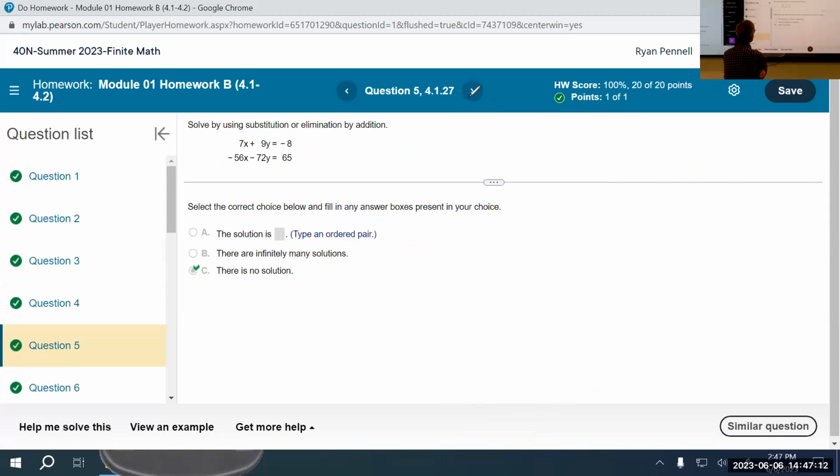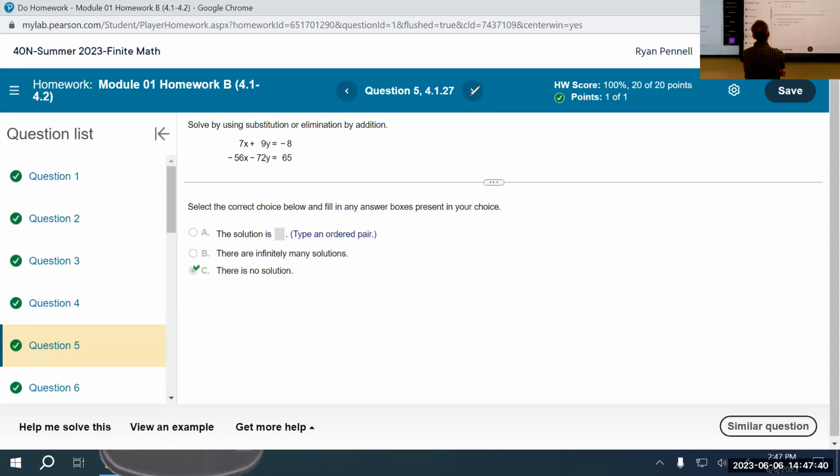All right, solve by using substitution or elimination by addition. We get the choice. We just did a substitution, so maybe I'll show elimination just to mix it up, but with substitution you can do the same thing. Let's see what elimination does. So we need to think, is there something I could multiply the first equation by to eliminate one of those variables?